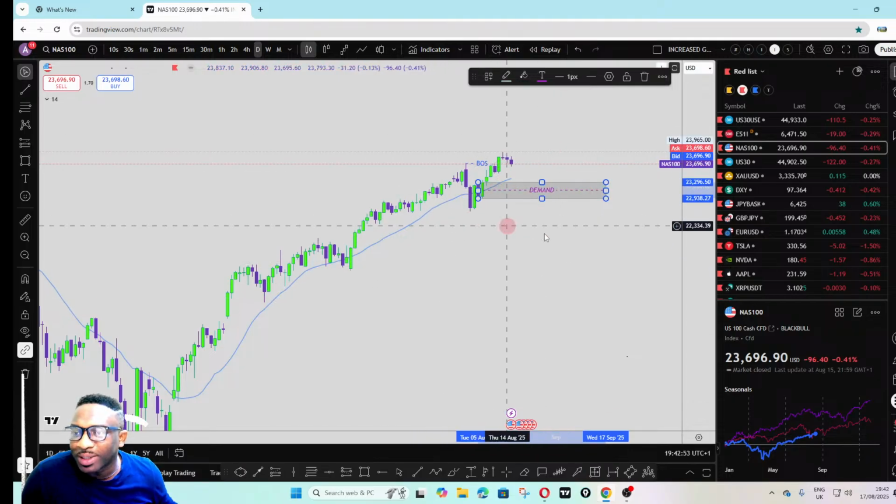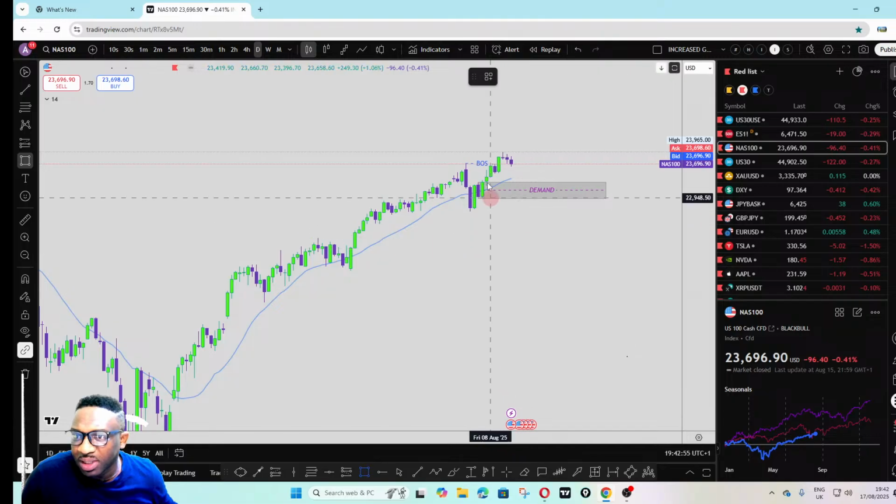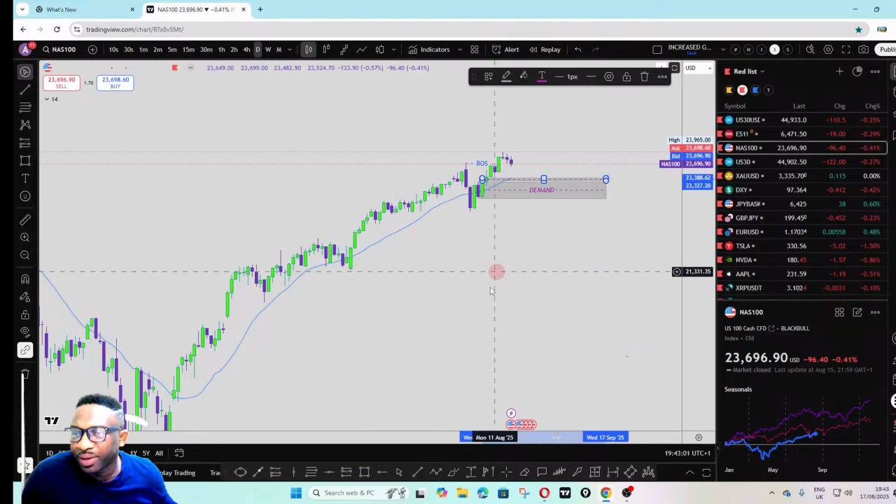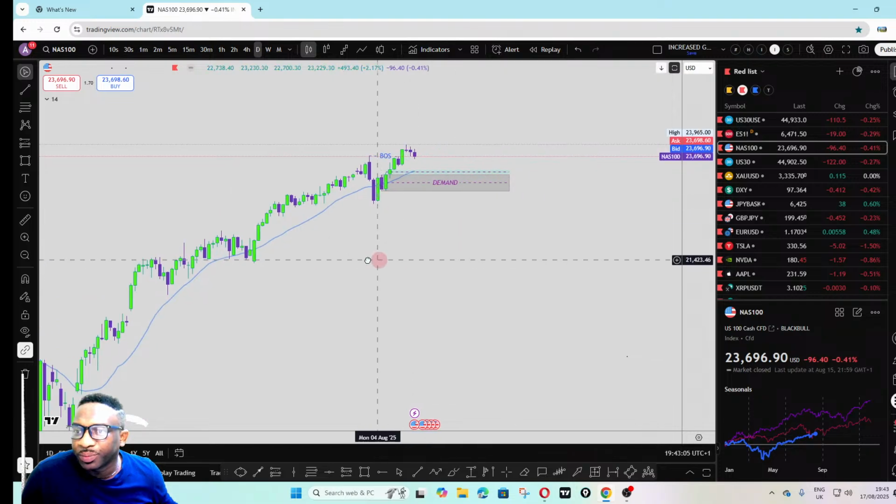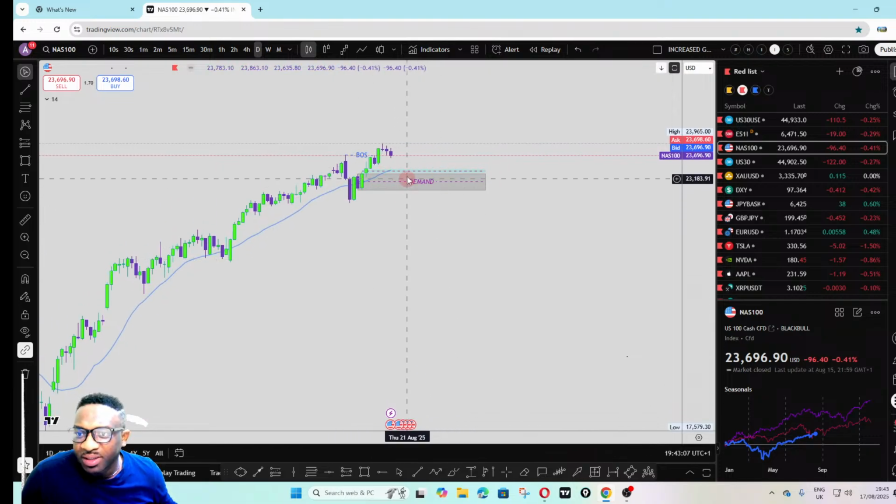Attached to this demand, even on the daily time frame, we can identify some imbalance right here, imbalance right there. So that makes it a valid imbalance demand zone. So with this break of structure, at least we anticipate price coming to this area.